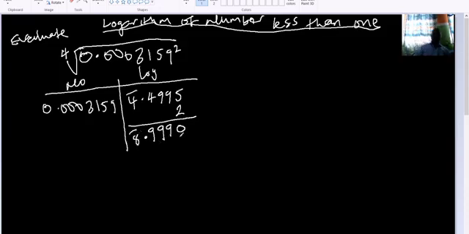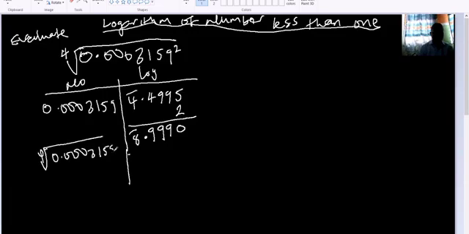Now the next thing you want to do is divide. That is, you are bringing this one in: 0.003159, square.